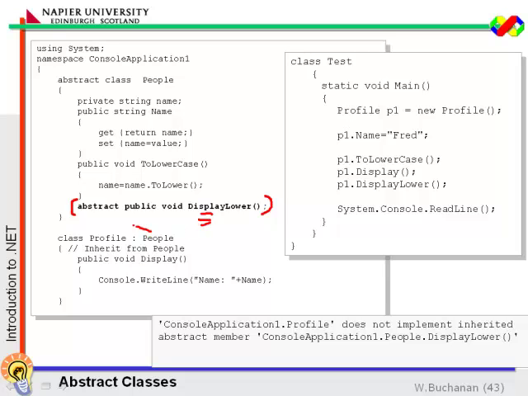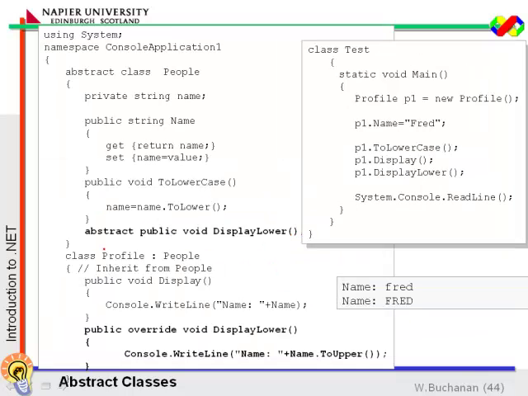So when we inherit this class, we must add in our own method before we can actually use it. You can see here the program will exit because we haven't written the display lower method, even though we've derived from people. So now what we must do is write that abstract method and then override it, and in this case the program will actually work.